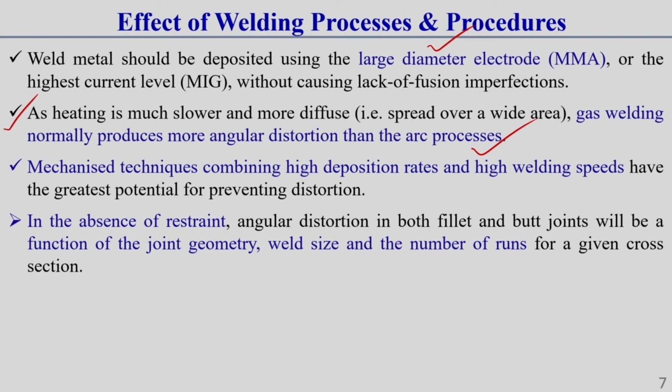If a welded structure does not have any restraint, then the welding deformation depends on what? It depends on joint geometry, weld size and number of runs, which I have already told you. The higher the weld size, meaning leg length, or the width of the weld bead in the case of butt welding, the higher the chances of expansion and contraction, and the higher the distortion.